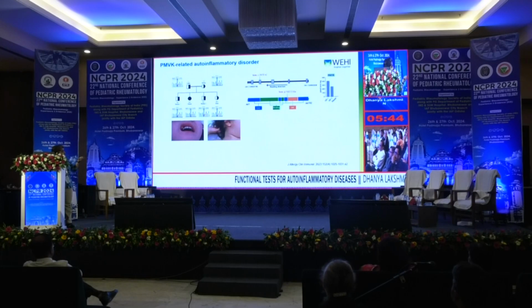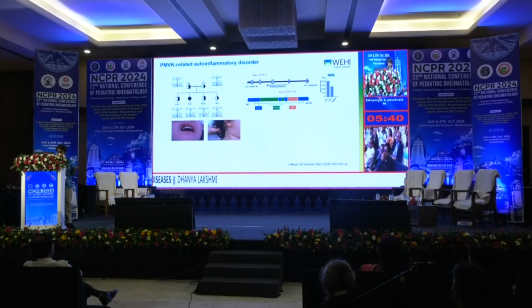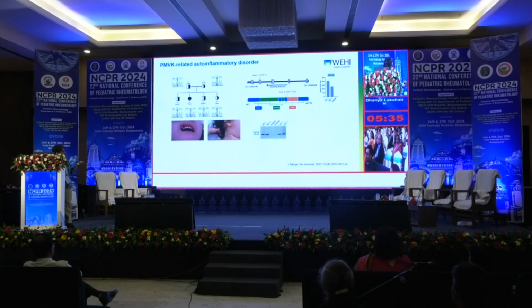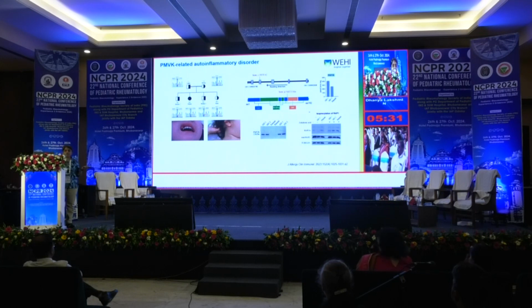They showed that the PMVK enzyme is absent in the patient when compared to healthy controls. They also did a Western blot to show the same: the PMVK protein was absent. They also did an assay known as a prenylation assay, where they looked at unprenylated proteins.